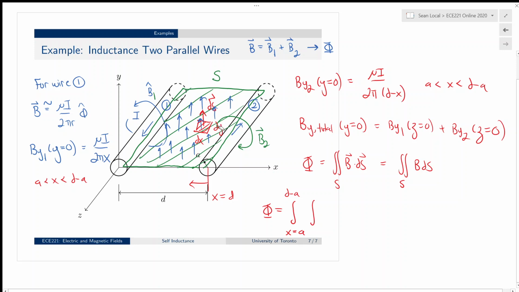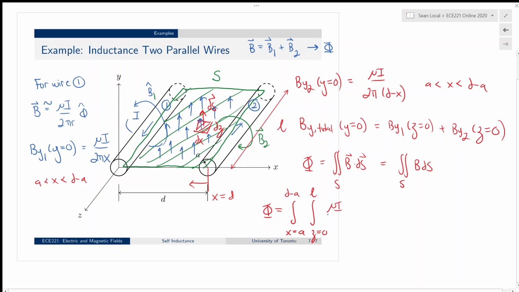Sorry, when I drew this differential area element, this is dz, just looking at the coordinate system. So we're going to go from z equals 0 to, let's say, z equals L, if we assume that the total length of these two wires was L, similar to our coaxial cable example. Now there's no variation in the z direction, so the integration over z is going to be pretty easy.